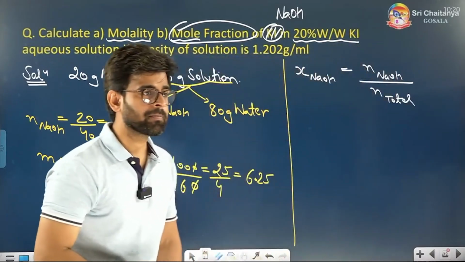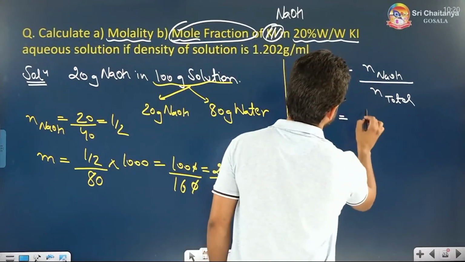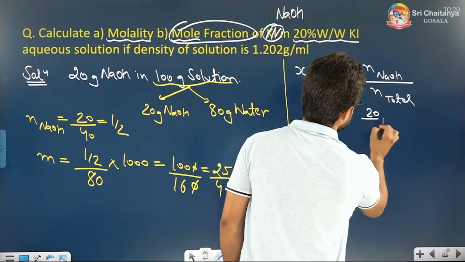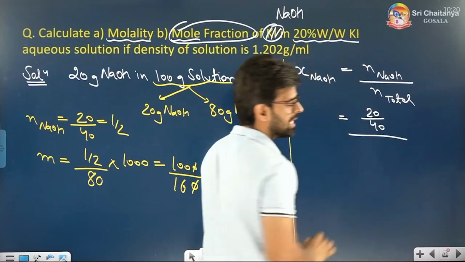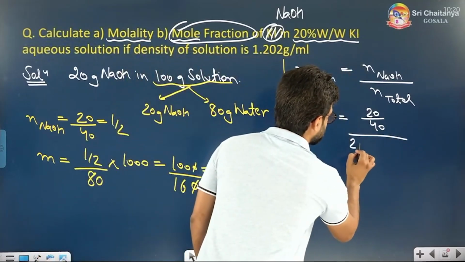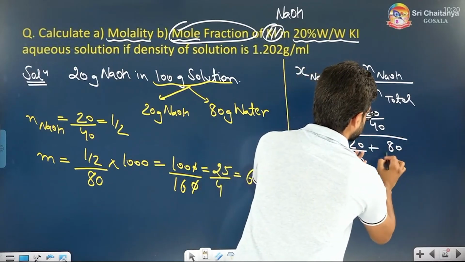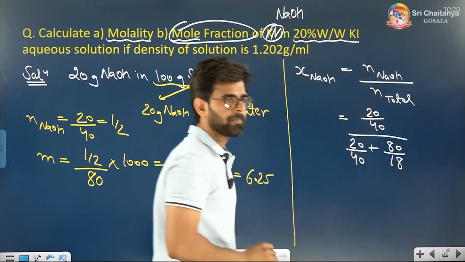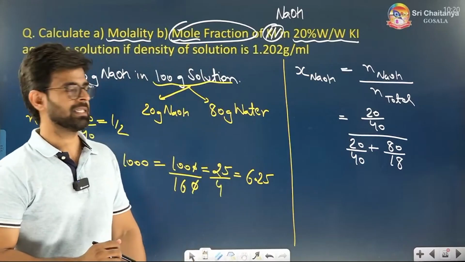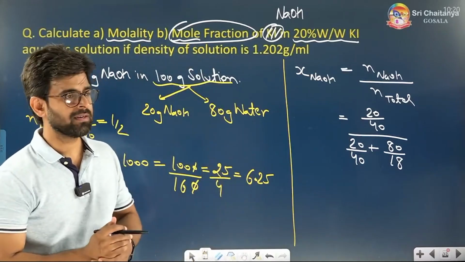So how many moles of NaOH are coming? 20 divided by 40 are the moles of NaOH. Total moles: 20 by 40 moles of NaOH plus moles of water, 80 by 18. Clear? Calculation you will do by yourself, right?